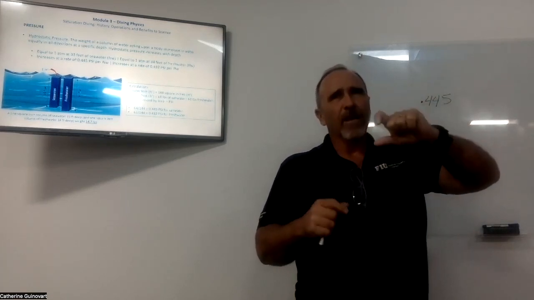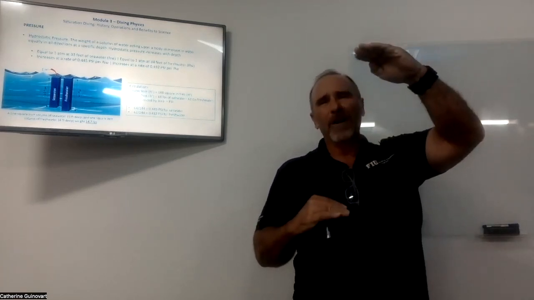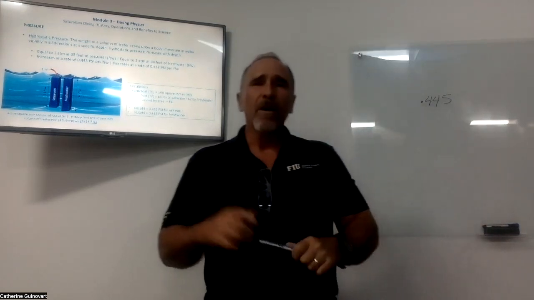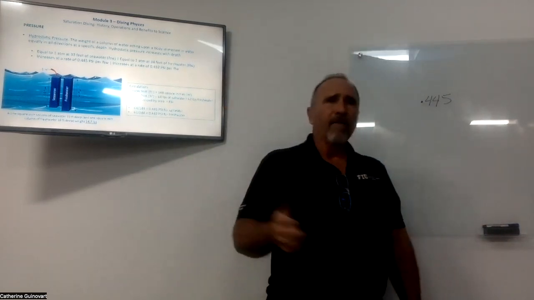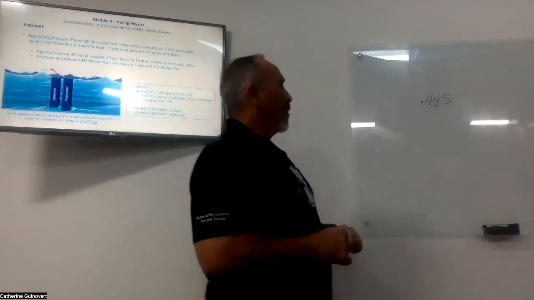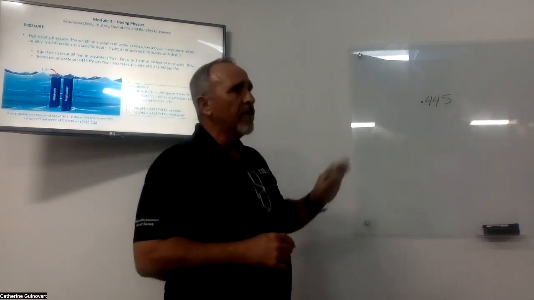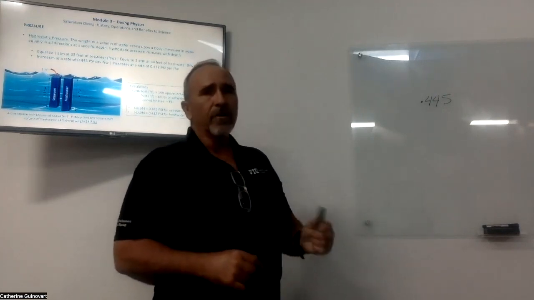Square foot inch, yeah. Square inch, 1 foot high, 1 foot deep, weighs 0.445 of a pound. Why is that important? Because that is the figure that you're going to use when you're trying to figure out psi at a certain depth.